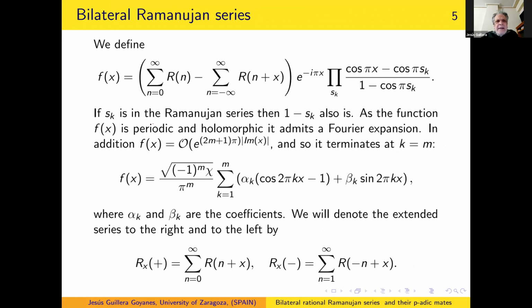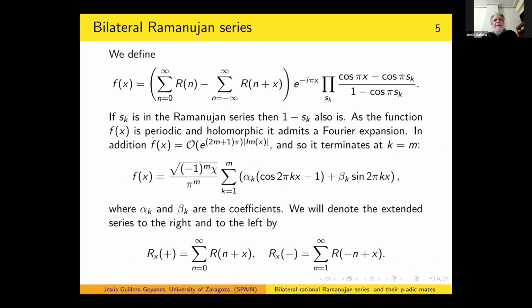And a very important idea is to consider the bilateral Ramanujan series. The bilateral Ramanujan series is extended to the right and to the left. If we define this function in this form, why?